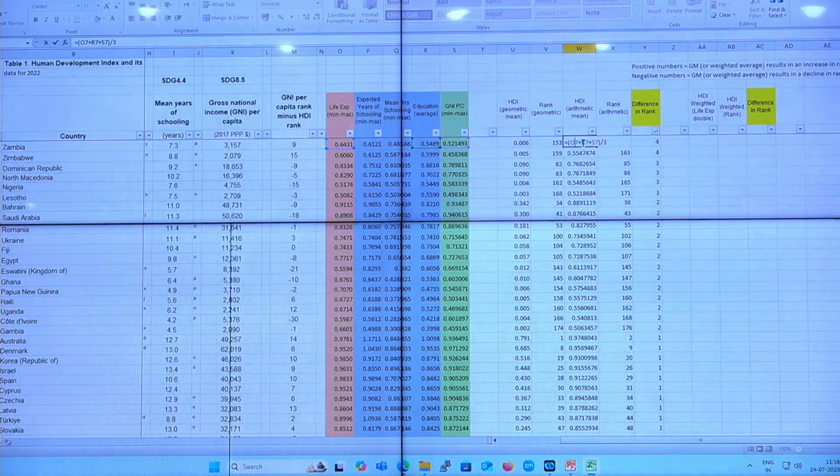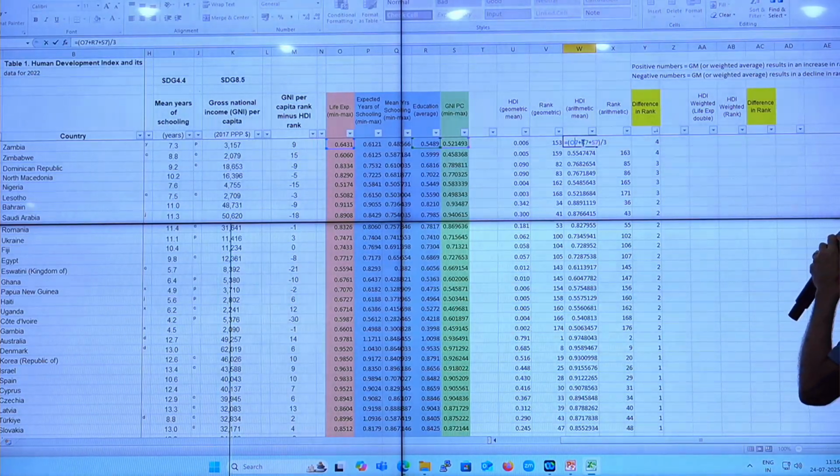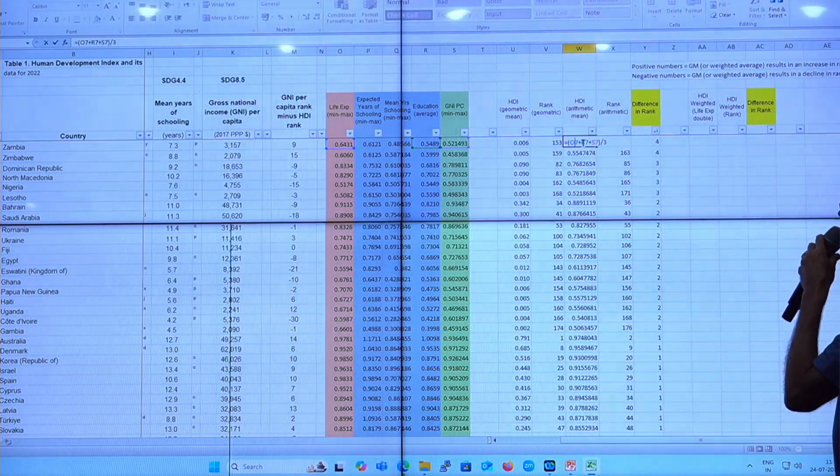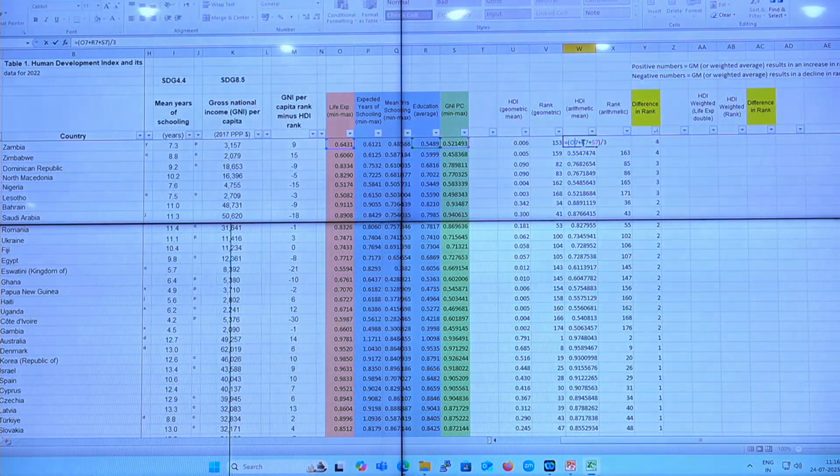So let's take a look now at some of the differences in ranks. Just 1 second, sorry, there seems to be something missing.